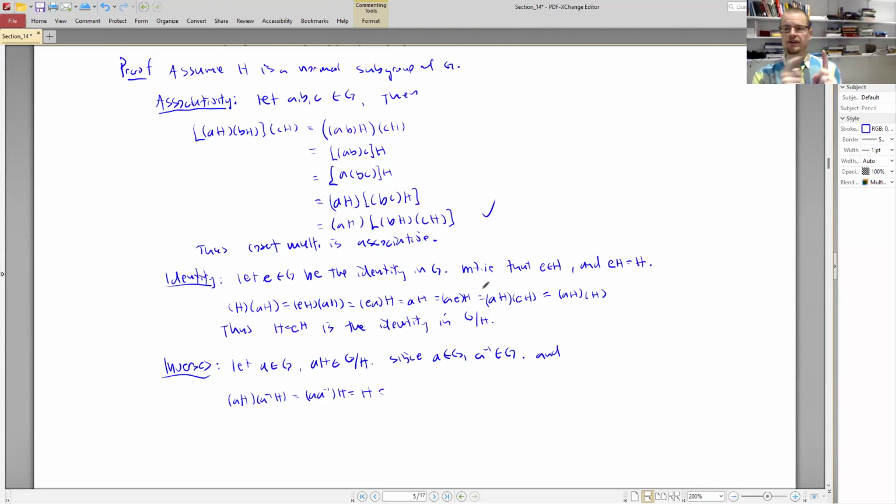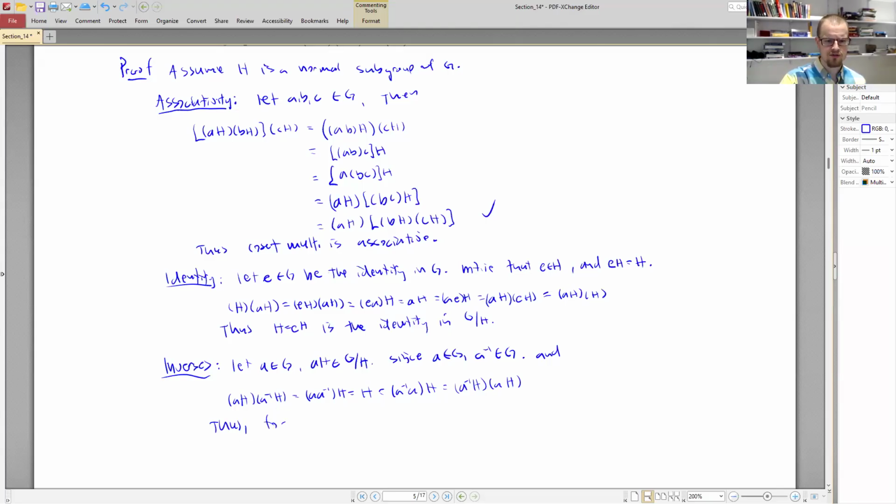And again, I'd like to verify that the order of multiplication doesn't really matter. So I'm going to observe this as A inverse times A times H, which of course is the same as A inverse H times AH. So each element has an inverse.